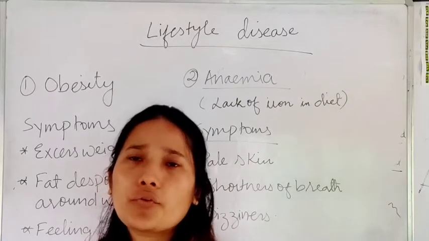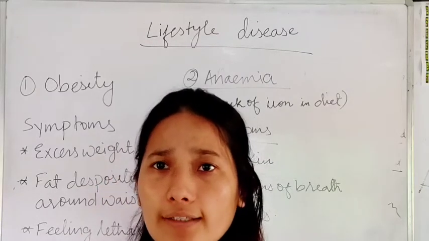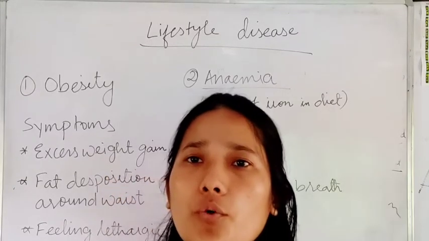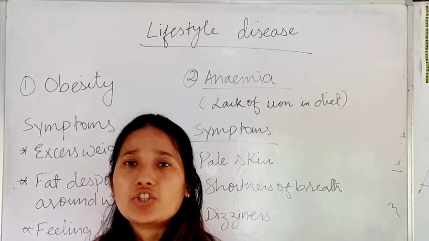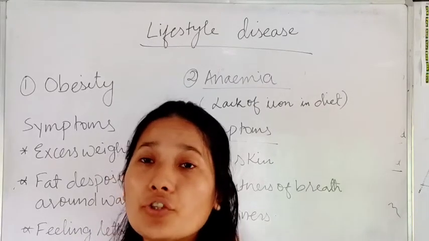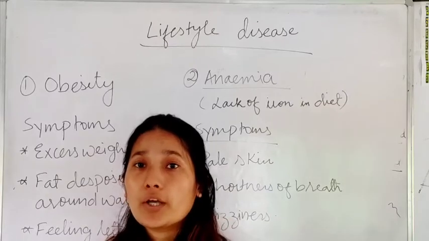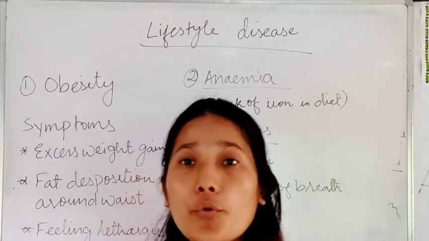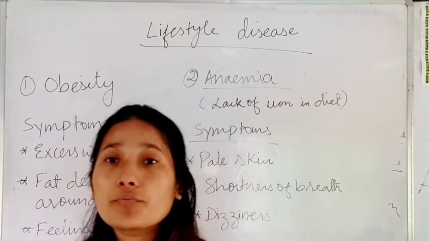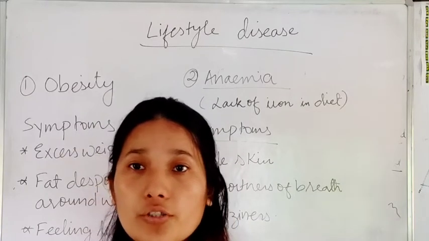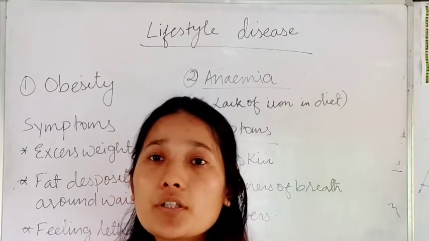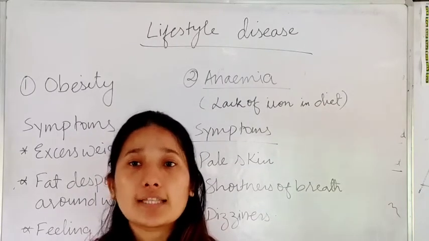Iron is a mineral, and it is required for the formation of hemoglobin. If your hemoglobin is not sufficient in your blood, the transport of oxygen will not take place properly. So in an anemic person, the percentage of hemoglobin is less than the required amount.